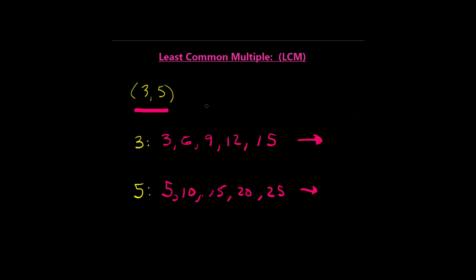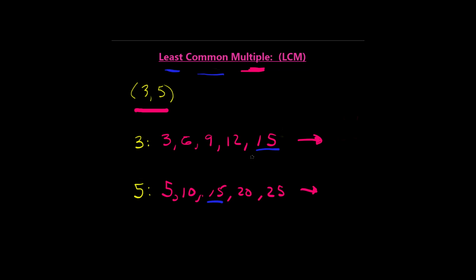So what we found so far is some of the multiples. Now our next step is to see if we have any that match. Are any of them in common, the same? As we look through our list here, I see a 15 and I see a 15. So we found what is in common. Instead of greatest common factor, we're going to try to find the least, or the lowest one.